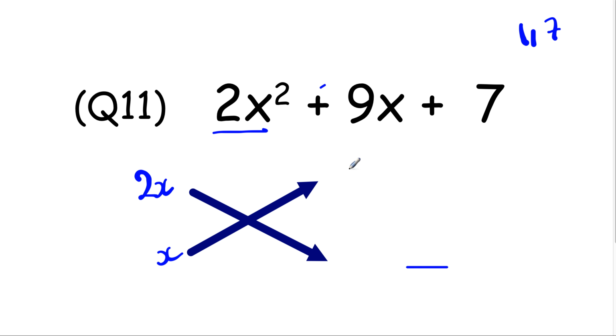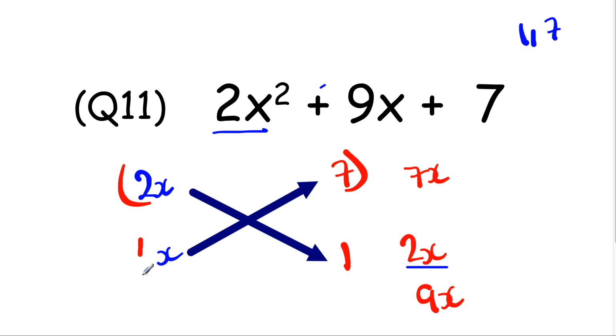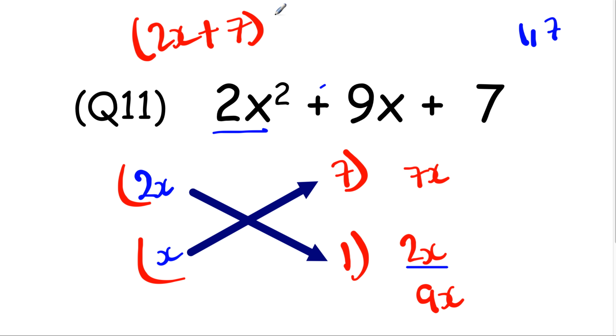Let's put the 7 up there and the 1 down there. That's going to give me a 2x and a 7x, and they sum together to give me a 9x. So my correct factors are here, giving me 2x plus 7 bracket x plus 1.